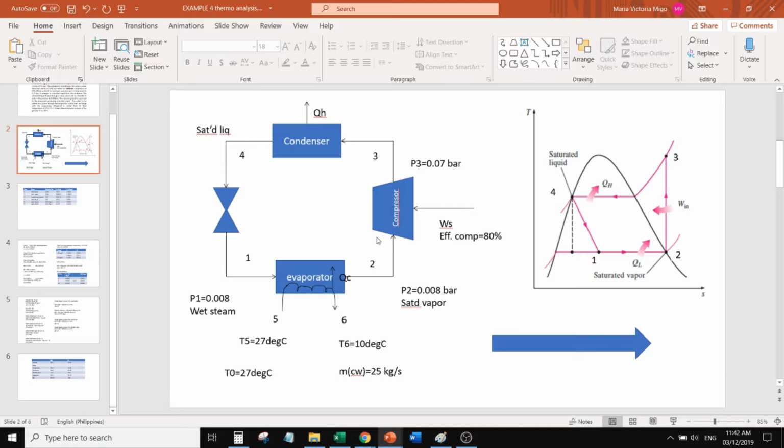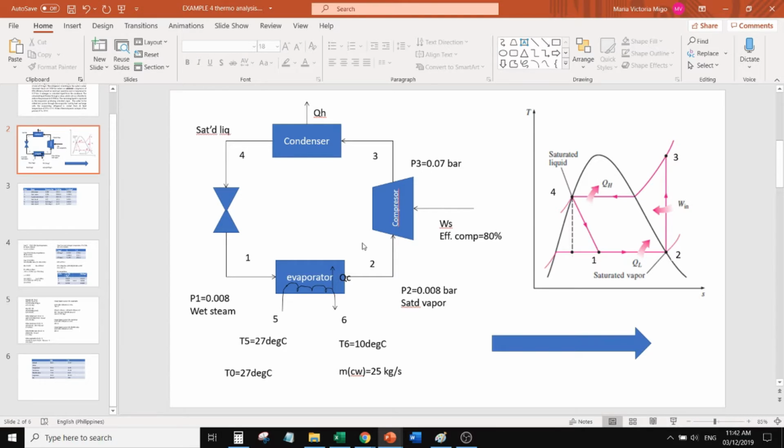But this problem is a cycle. So where do we get the work ideal for a cycle? If this is a cycle, it's a loop, it's closed. There's no way we can get the end and the start unless we consider these points 5 and 6 as our end and start, which makes sense because the work being done here is actually the absorption of QC in the evaporator.